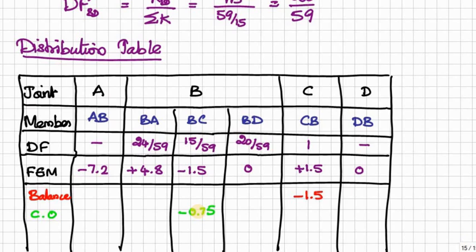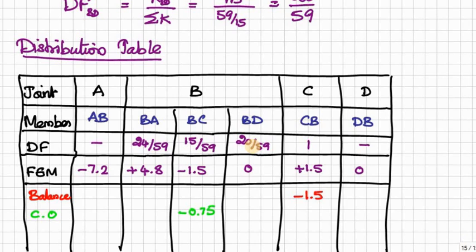But that minus 2.55 moment will be distributed because this joint has 3 members. So, the extra 2.55 kilonewton meter moment should be distributed according to the distribution factors.